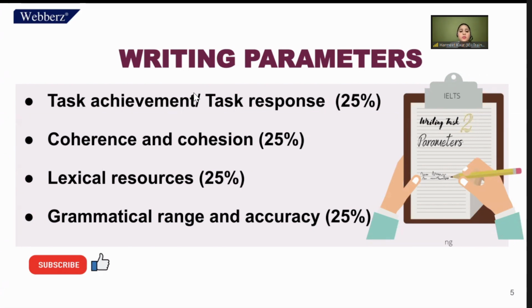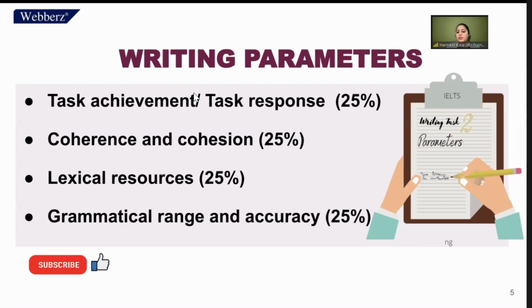So the word has to be used as a noun or as a verb. You need to know all these things, right? Second thing, the spellings are also checked in this part. The LR part has the spelling parameter as well. This is how they would be deducting your marks. So if you are making 3 spelling errors, they would deduct half a band, right?